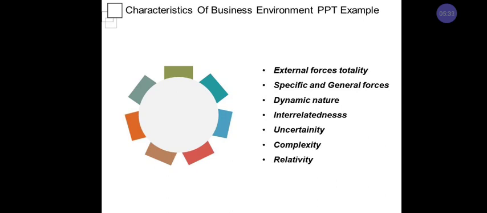Second one, specific and general forces. Third one, dynamic nature. Fourth one, interrelatedness. Fifth one, uncertainty. Sixth one, complexity. And seventh one, relativity. Let us learn each and every point in detail.